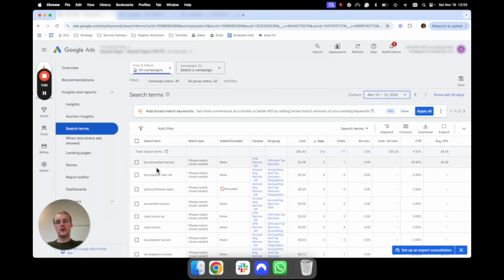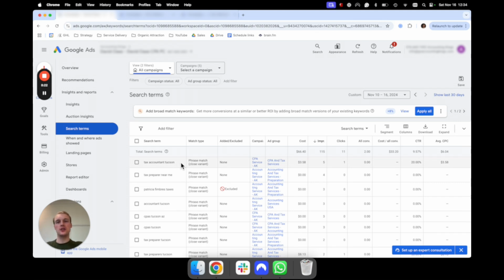The reason why your results will increase is because if you have a bad negative keyword list, by the way, a negative keyword list is basically search terms where, if someone types them in, your ad will not show. So of course, if you are trying to sell monthly accounting services or high revenue tax services to business owners, and someone is typing in cheap tax preparation service for individuals, you don't really want to show your ad to those people.